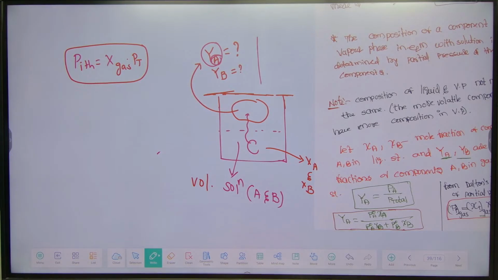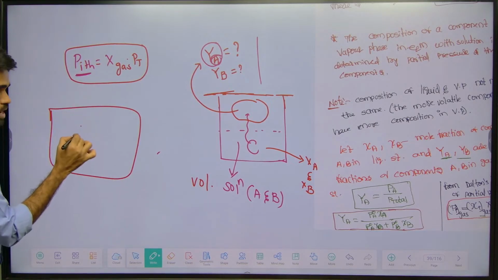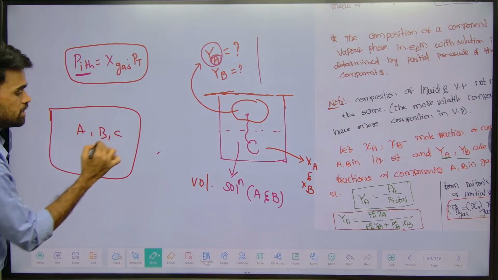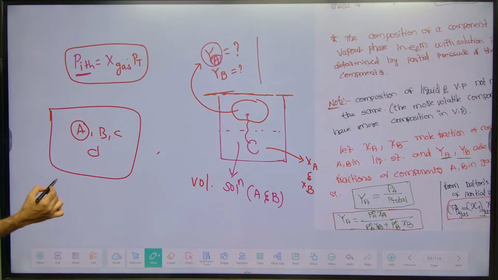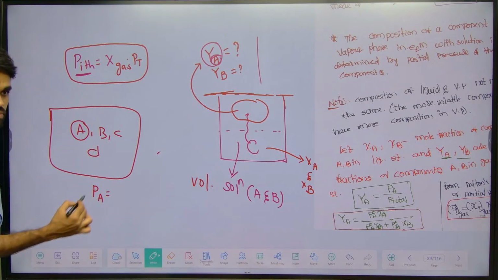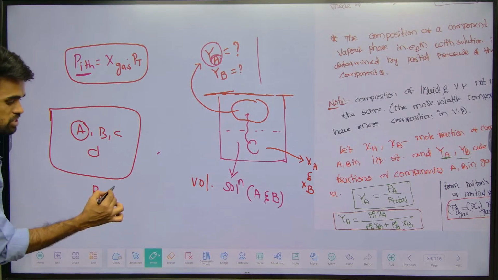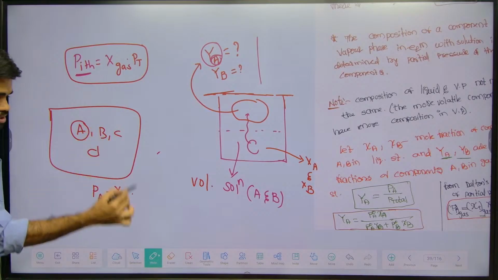Partial pressure of an ith gas, ith gas means a particular gas. I have a gaseous mixture made up of A, B, C, D. What is the partial pressure of gas A? In the mixture, the partial pressure of A is equal to the mole fraction of A times the total pressure exerted by the gaseous mixture.